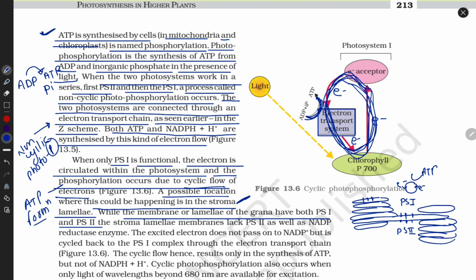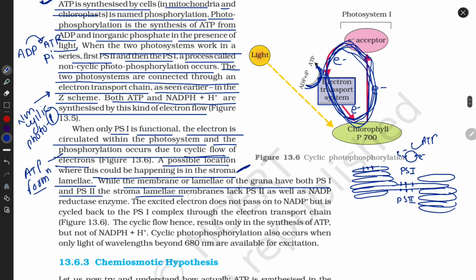Yes, this is also here, guys. Stroma lamellae membranes lack photosystem 2 as well as NADP reductase. They want to say that photosystem 2 is here but less in number, or sometimes negligible, but here they are lots in number, but here photosystem 2 is not present. So the excited electron does not pass on to NADPH, but cycles back to the photosystem 1 complex.